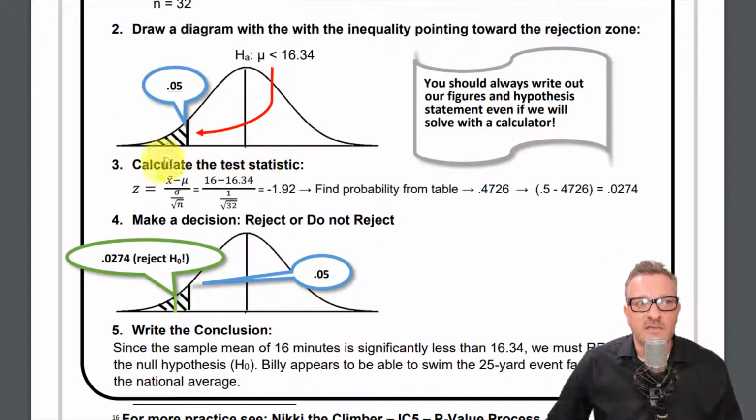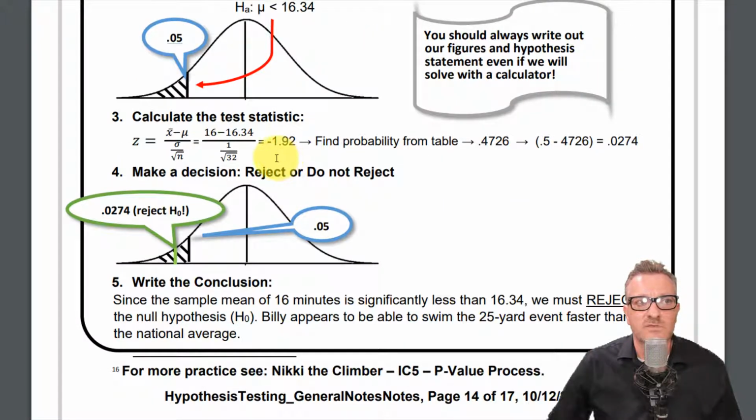We do the calculation, and we get negative 1.92. So now we're going to go to the z table because we need to get a p-value here to make this whole thing work.